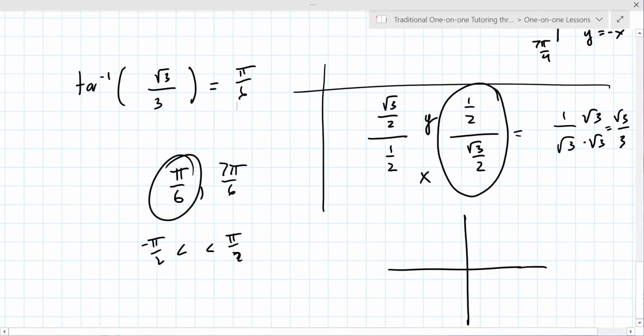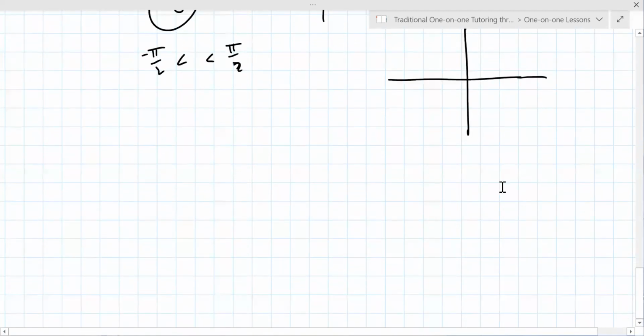Unless you want to do a couple on your own, that's really it. It's going to the unit circle, figuring out, now it could be that it's undefined also. But it's always one value.